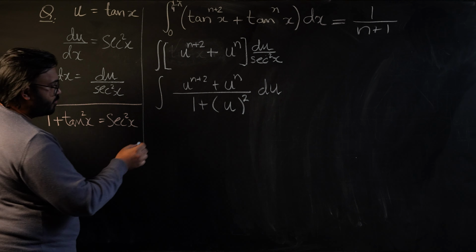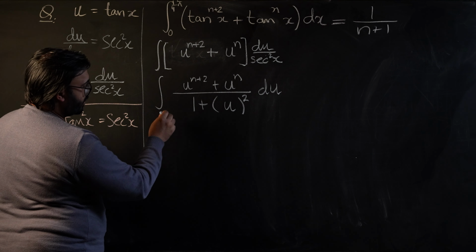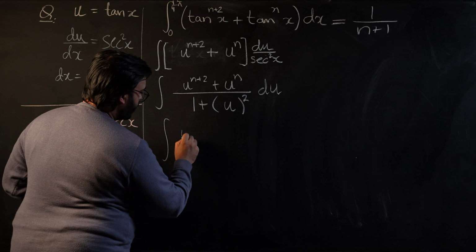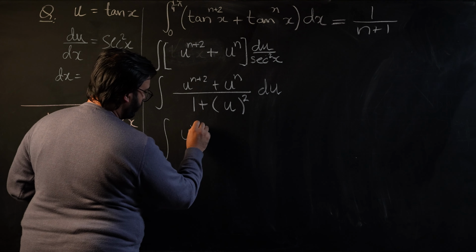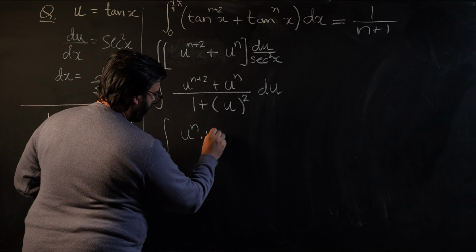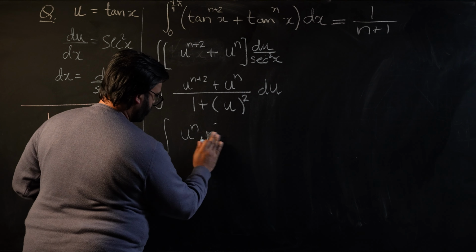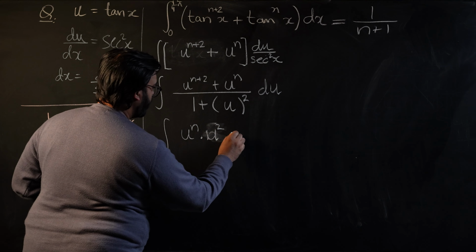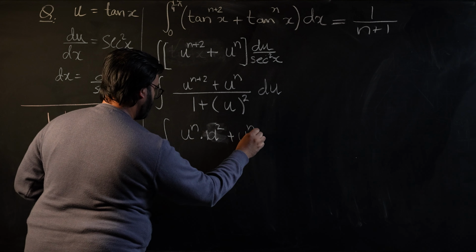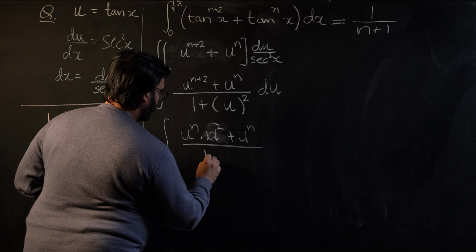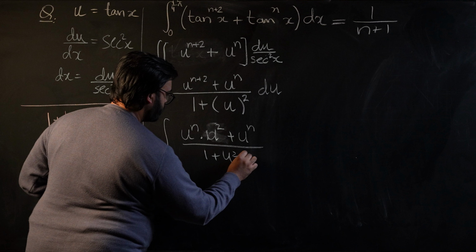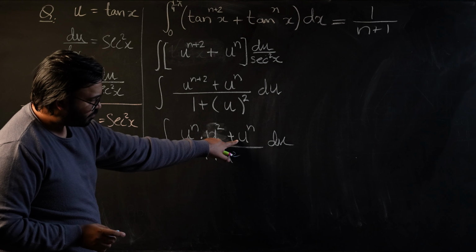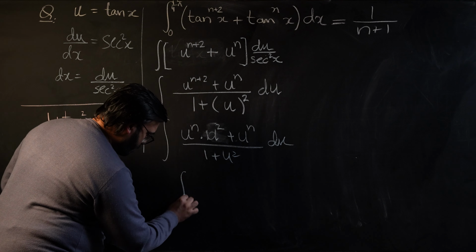Now, what we're going to do is take u raised to power n plus 2, and break it as u raised to power n and u squared. It would be u raised to power n times u squared plus u raised to power n, upon 1 plus u squared, du. Let's take u raised to power n common over here.